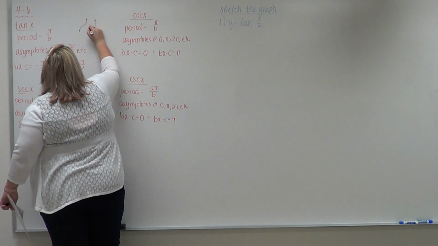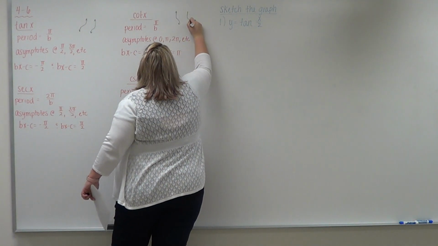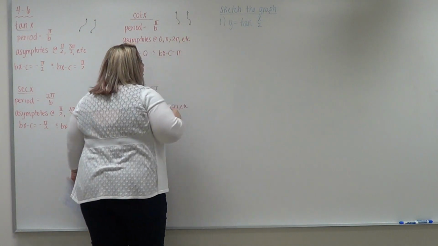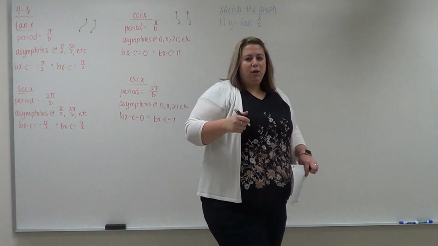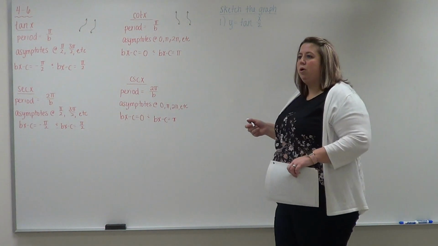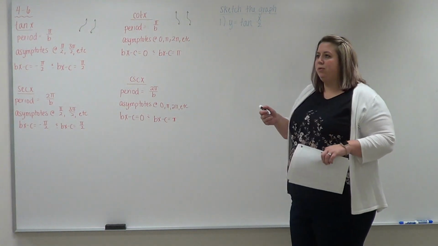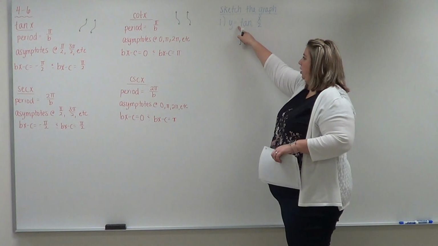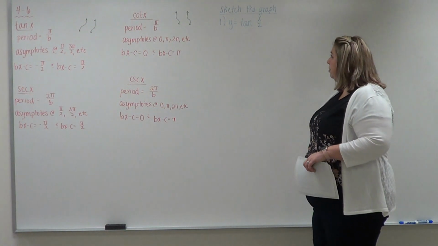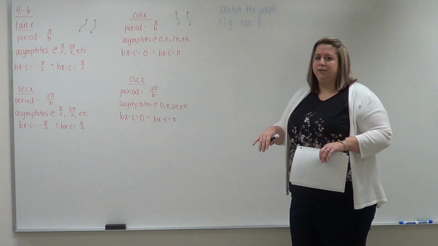This one is like a regular tangent, this one would be like a regular cotangent. They don't really have amplitudes because they go on forever in the vertical direction. So when you're graphing, just do one above and one below to make sure you have enough space. With sine and cosine, that would be the number in front, and my number in front is 1. So when I do my graph, I'm going to go to 2 and negative 2.